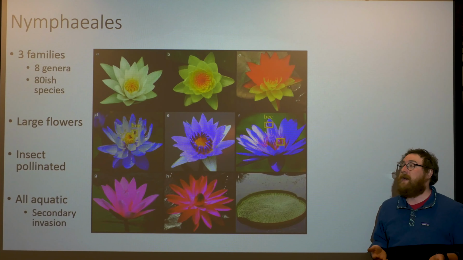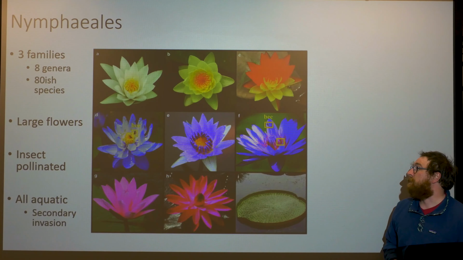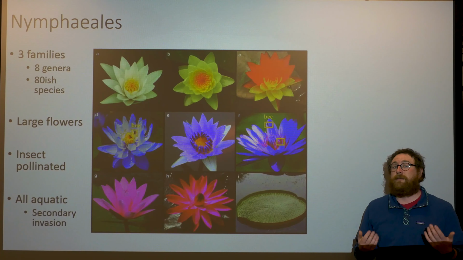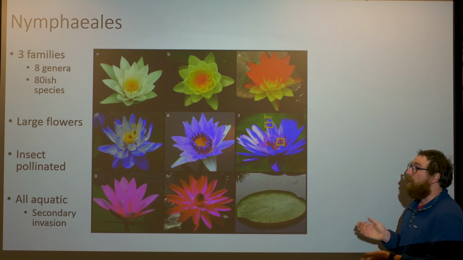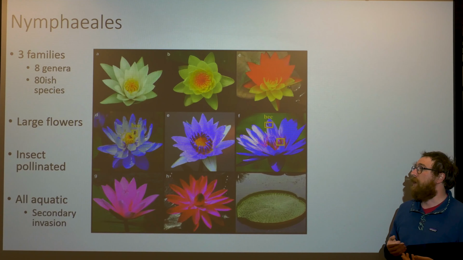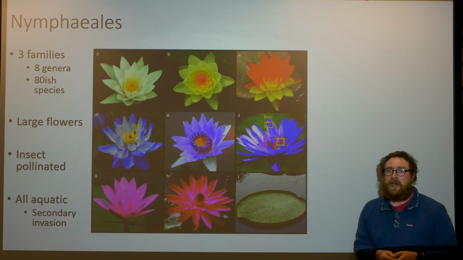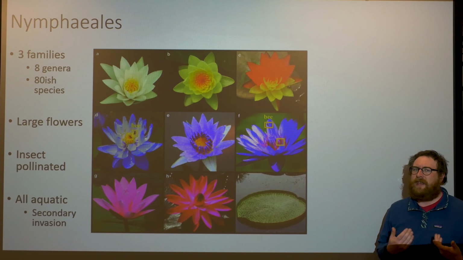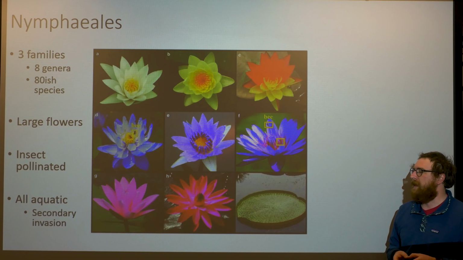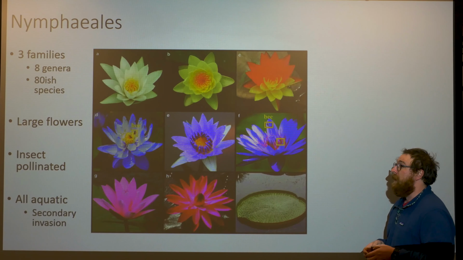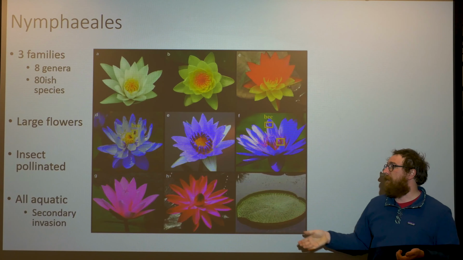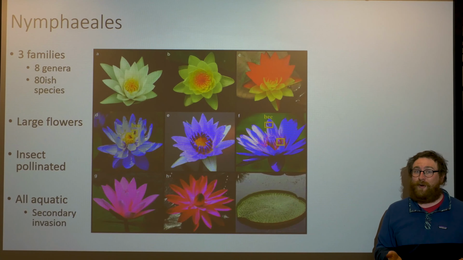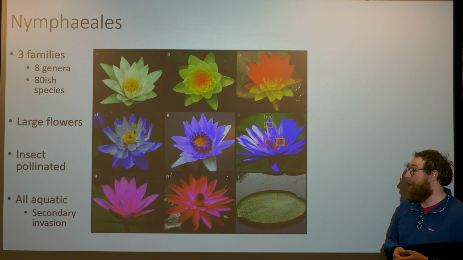The N in the Ana grade is the Nymphaeales. And really when we're talking about diversity in the Ana grade, this is what we're talking about. It's only 3 families within 8 genera and 80-ish species, but the cultural and ecological importance of this group hits a little bit above their weight. Interestingly, they have these large, huge, magnificent flowers, and they're insect pollinated.